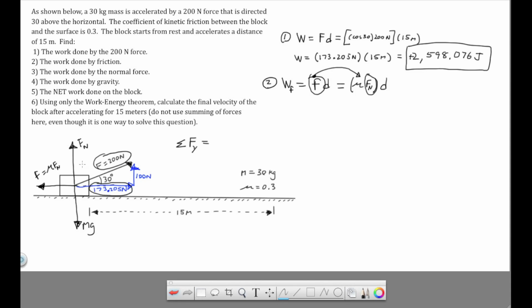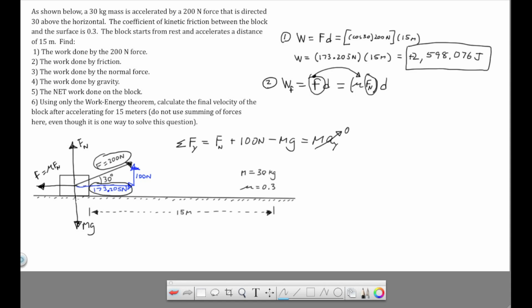So looking at our free body diagram, we have normal force up. We have this y component of the 200, which we know to be 100. So that's this guy right here. And then minus mg. Those are the three vertical forces. And the sum of the forces always equals ma. But there is no vertical acceleration.